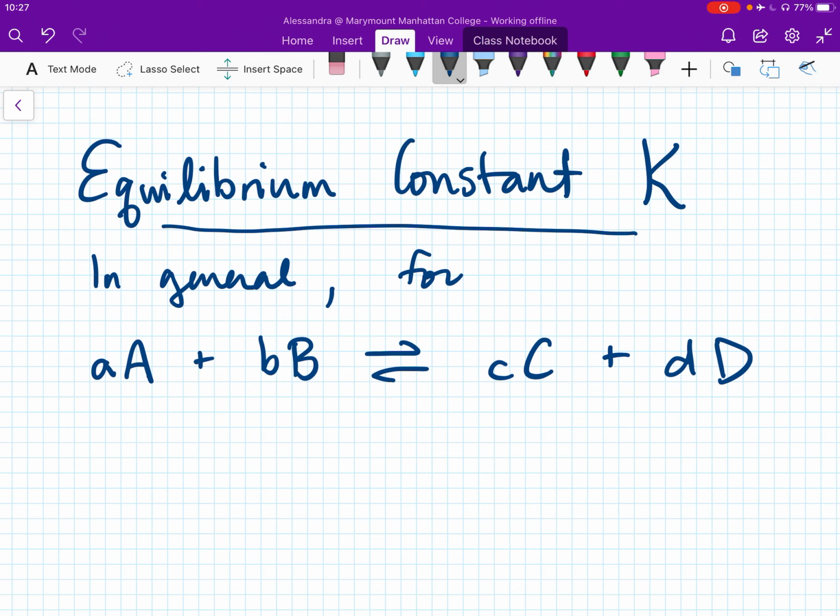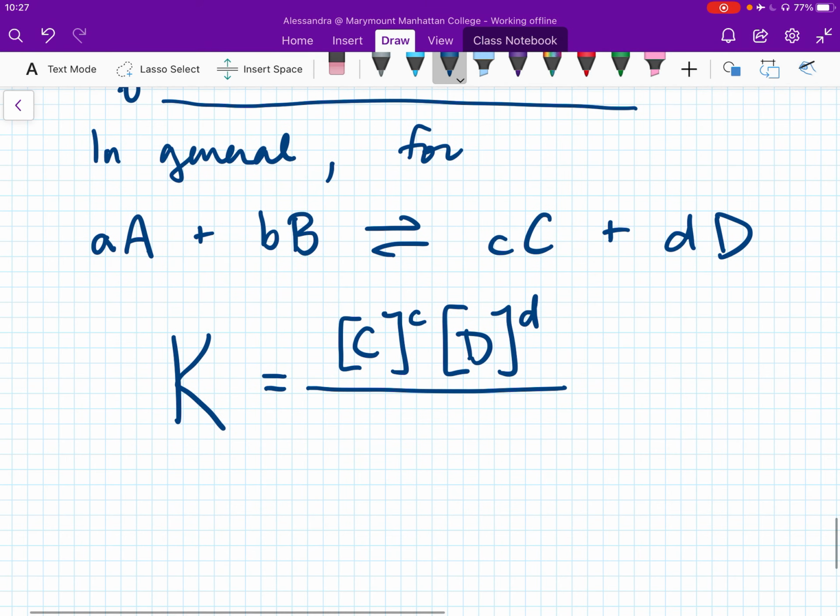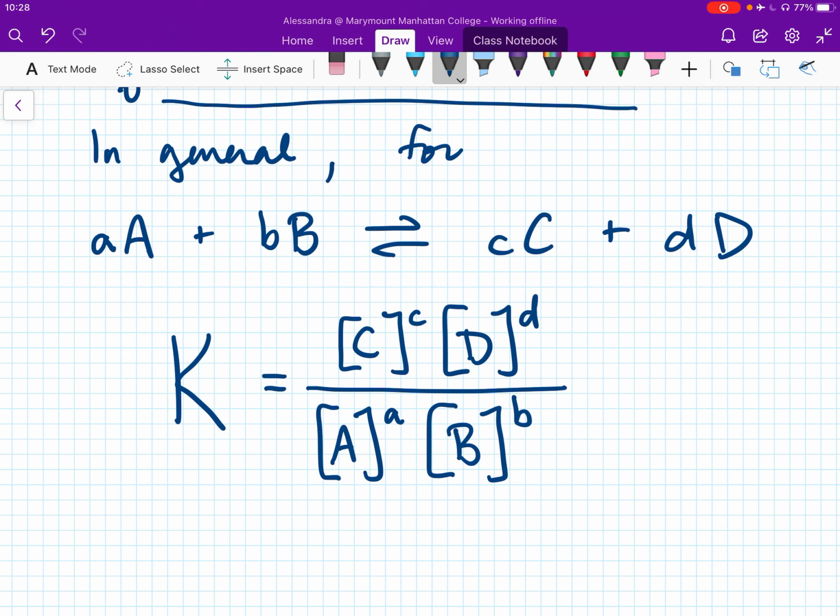So for this generic reaction, I can define an equilibrium constant, uppercase K, where I take the concentrations of the products raised to the powers of their stoichiometric coefficients, and that's a product, over the concentrations of the reactants raised to the powers of their stoichiometric coefficients, the product of those concentrations.